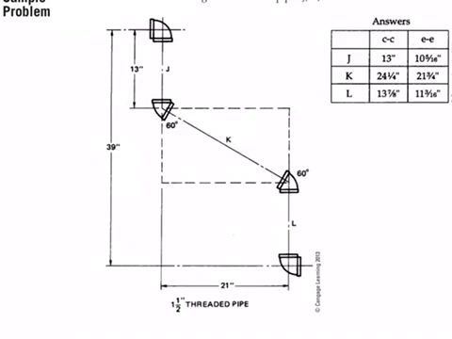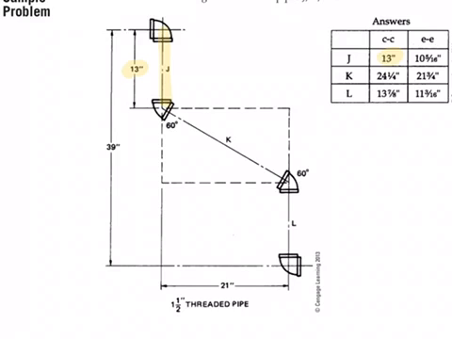So let's first start out by finding the end-to-end for J. If we look at J, here is pipe J. And they tell us that pipe J is 13 inches long from center to center. So over here in the table, they have 13 inches. Now, to find the end-to-end, we're going to have to do a little math here.